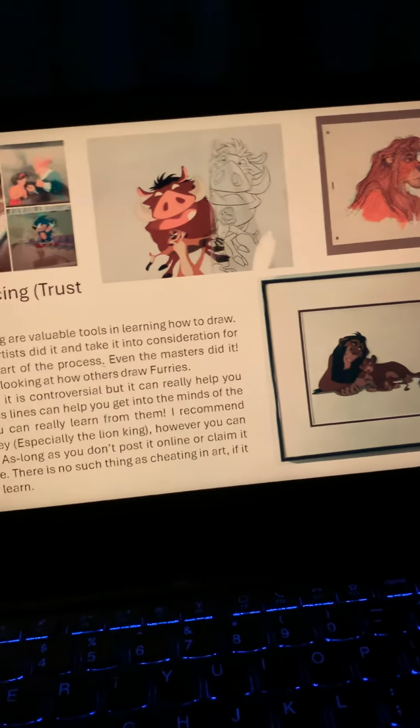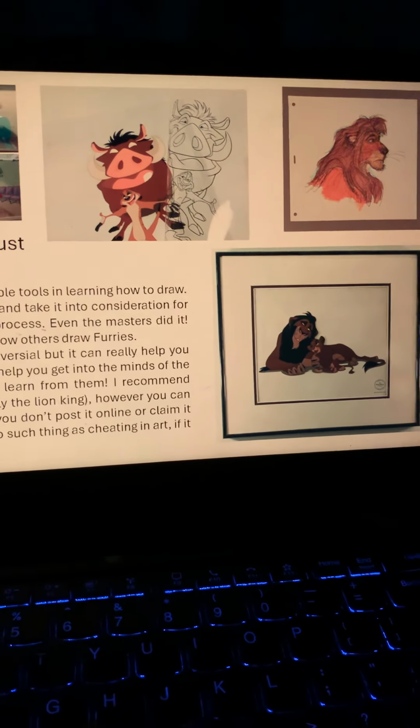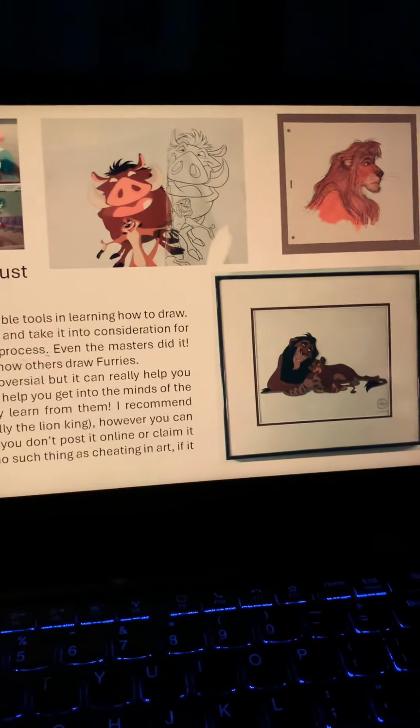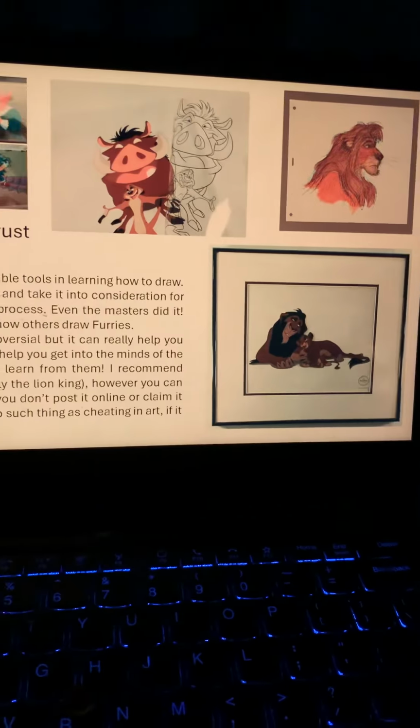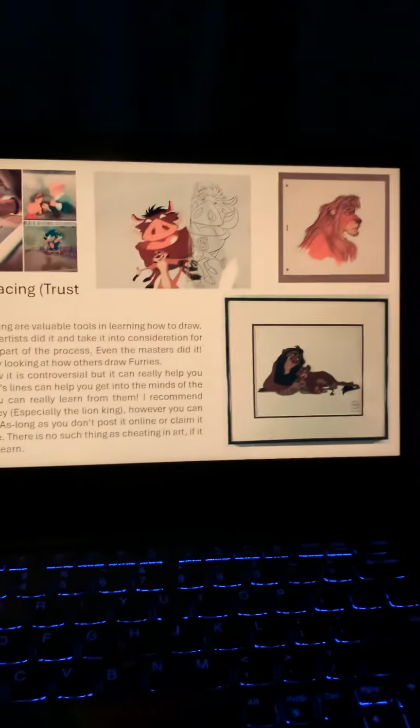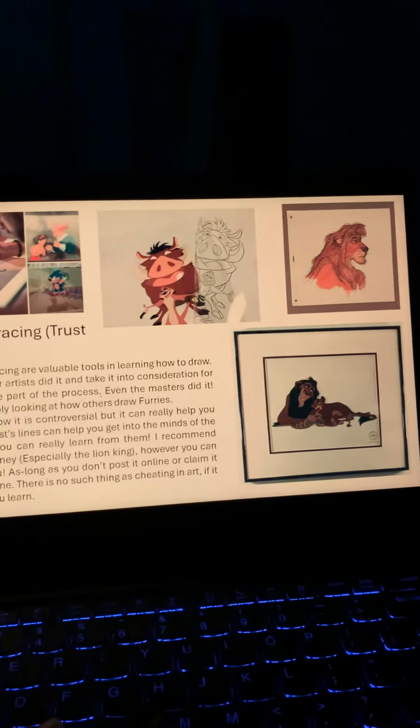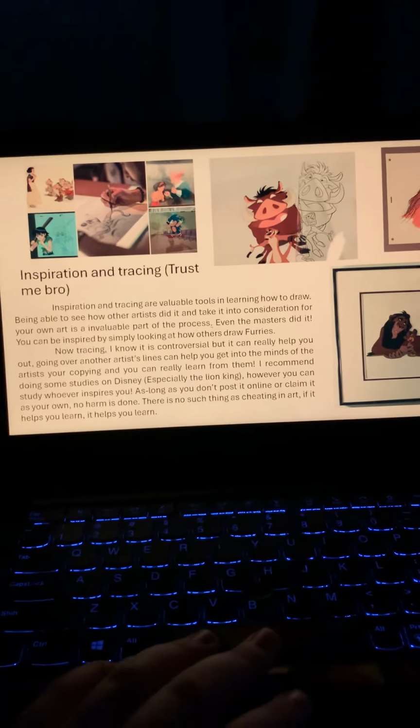The reason I put cel sheets in the background is because how I did it was by looking at Disney's cel shading and referencing off of cel shades, but you can just do it by screenshotting and copying and trying to replicate it. I know it's controversial, but it will help you, okay? There's nothing wrong with tracing as long as you don't post it online. It'll help you learn, trust.